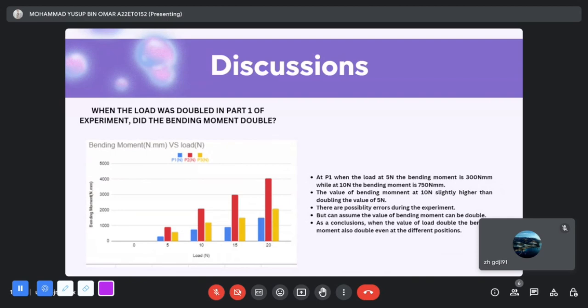So the value of the bending moment at 10 Newton is slightly higher than double the value at 5 Newton.